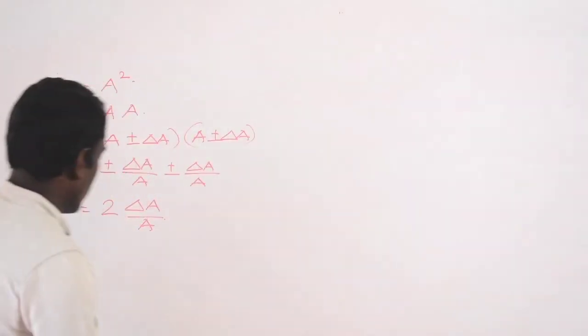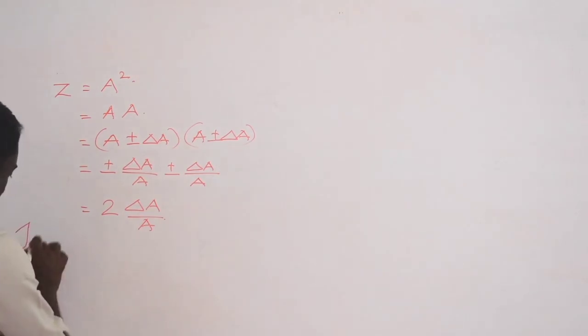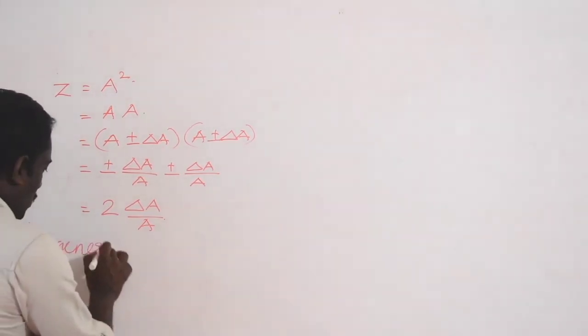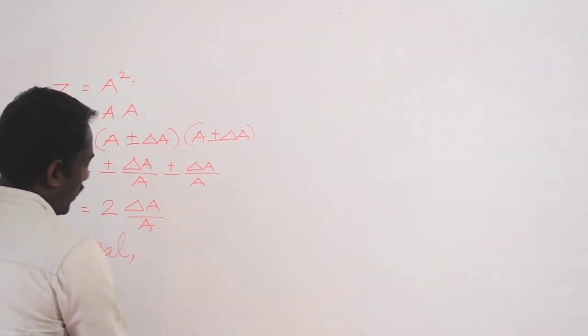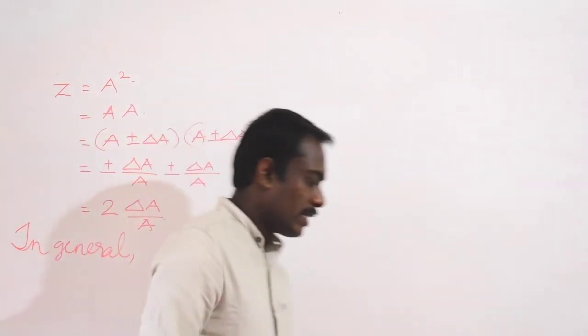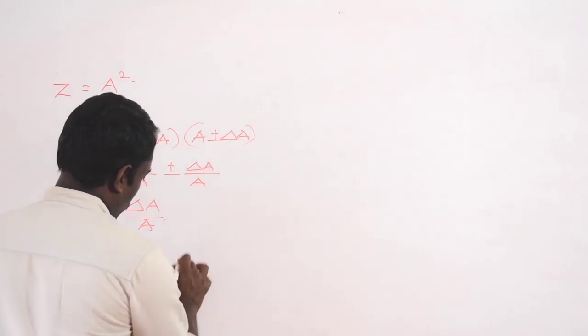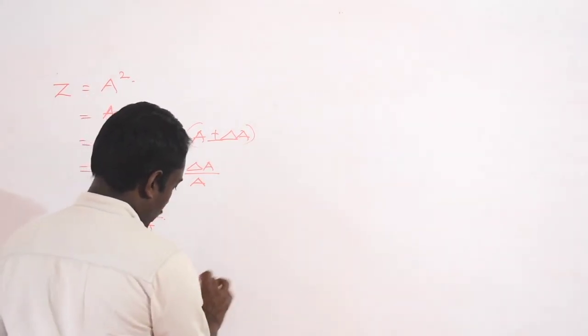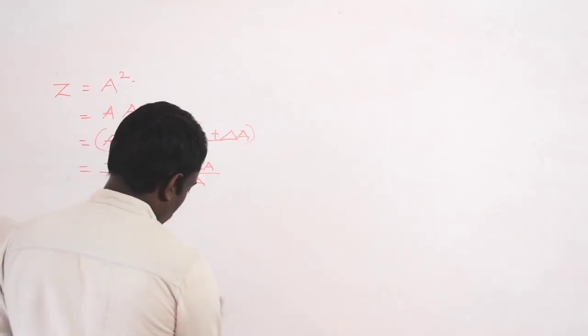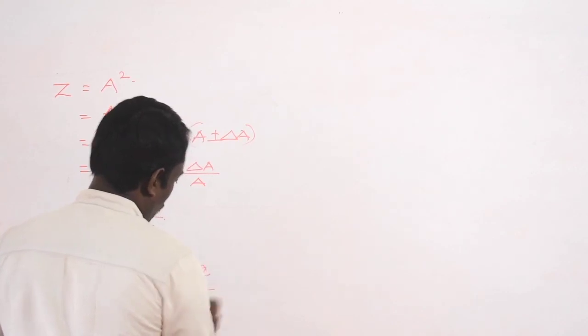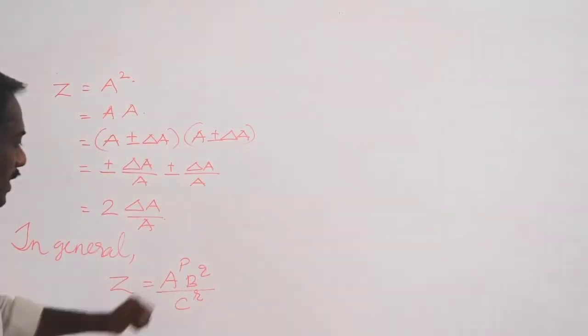In general, we can write, if Z is equal to a raised to the power of p and b raised to the power of q divided by c raised to the power of r, then how can we expand this?